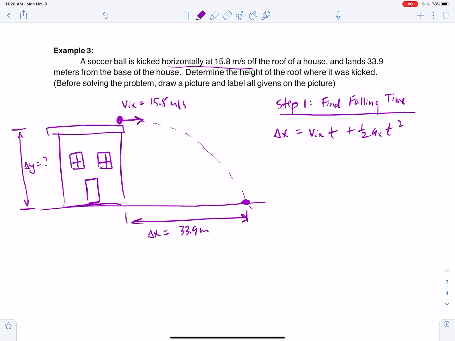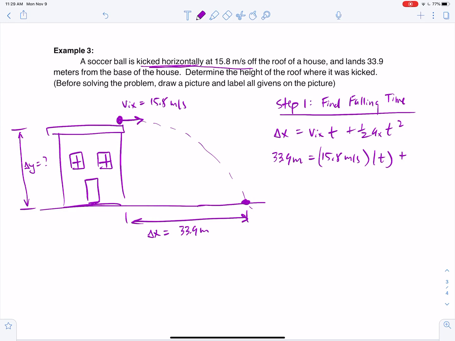Okay, it's going to go 33.9 meters. It's launched at 15.8 meters per second for some amount of time. And then remember, this is only kicked horizontally. It has no vertical velocity initially.